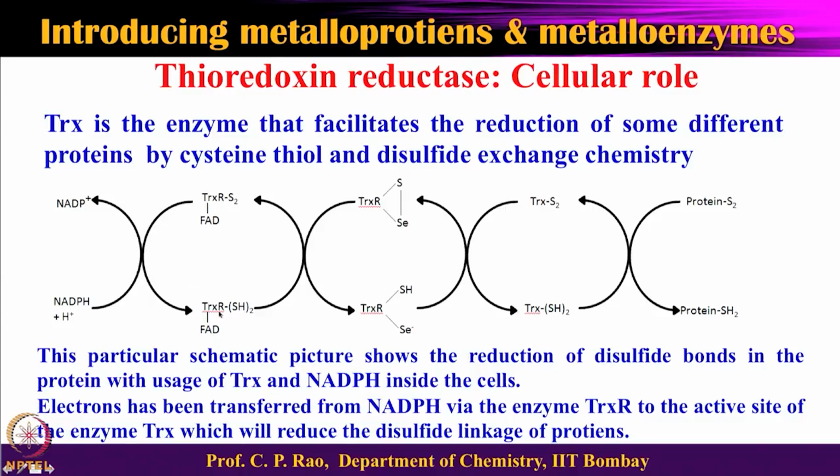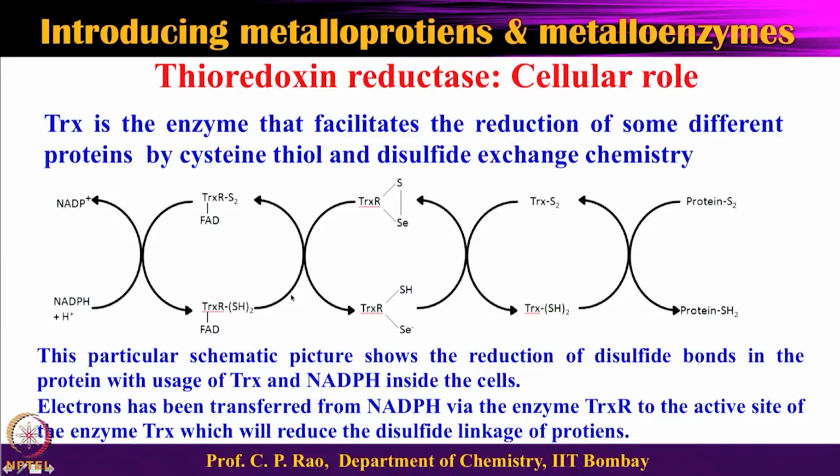Now, it is reduced, but it has not come into the catalytic cycle until you put it into this. So, this is coupled with, because this one gives this one, but this has to go back to this. So, to go back to this, the enzyme thioredoxin reductase will use its selenium sulfide bond, and this selenium sulfide bond will break down.